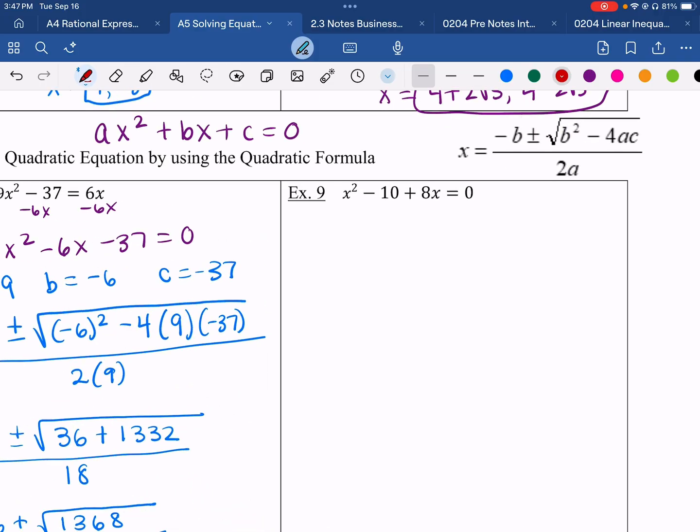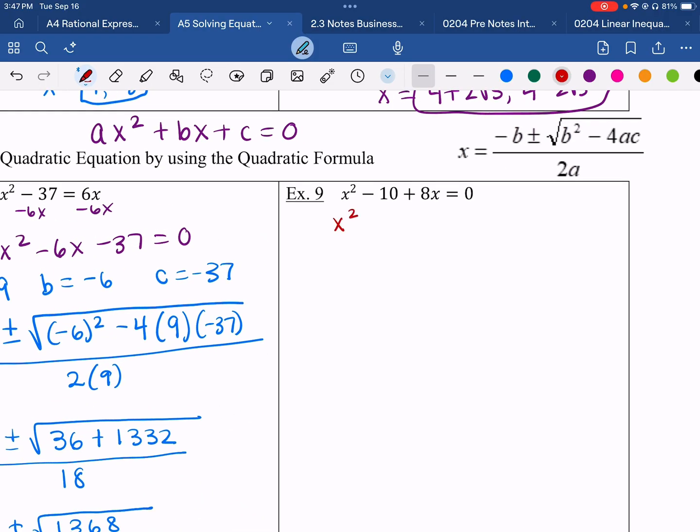Next one's close in the order. It's a little mixed up, so it's x squared plus 8x minus 10 equals 0. A is 1, B is 8, C is -10.